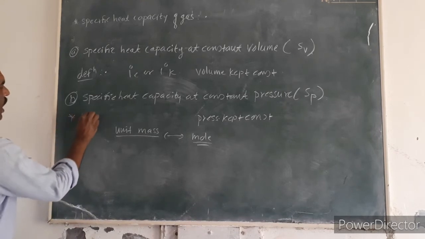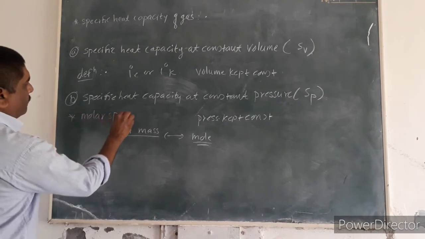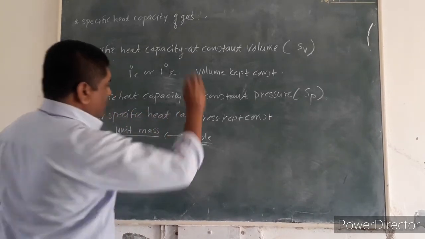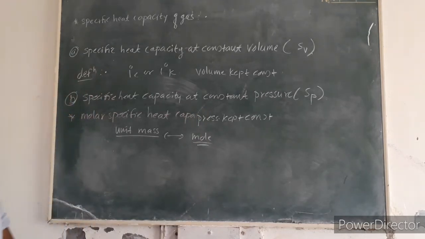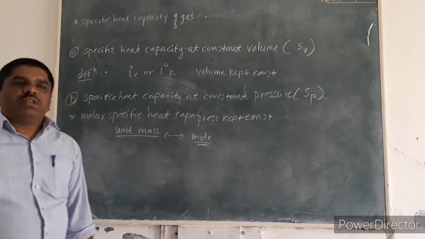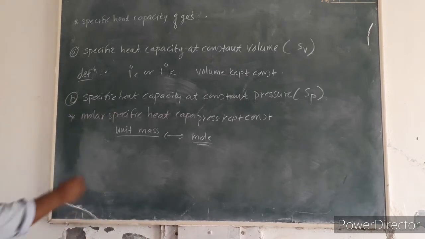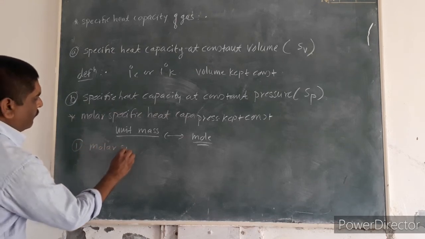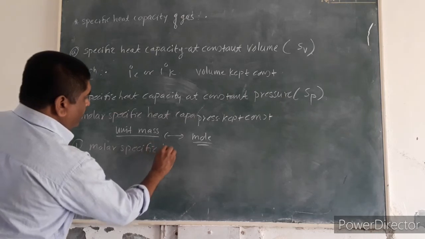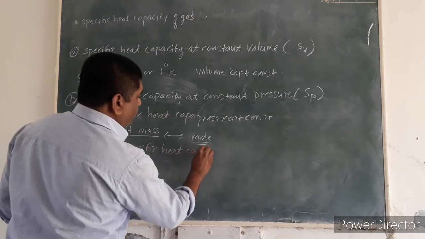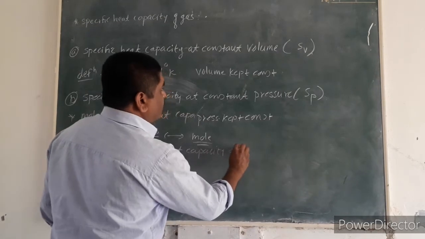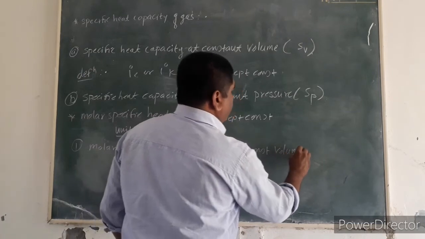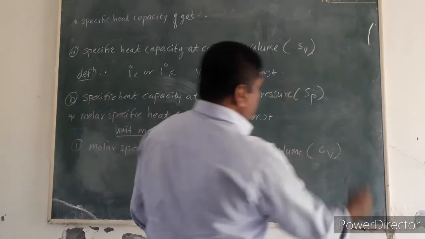Another definition is molar specific heat capacity, and the molar specific heat capacity is also two types. The first type is molar specific heat capacity at constant volume, which is denoted as CV.